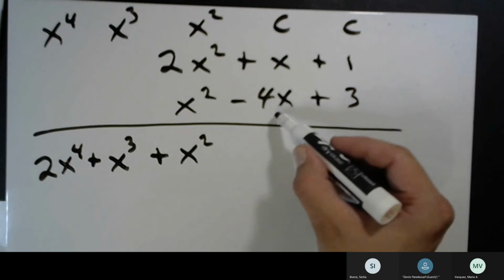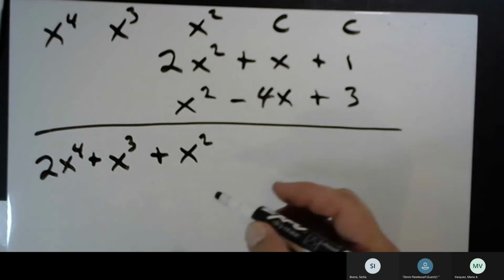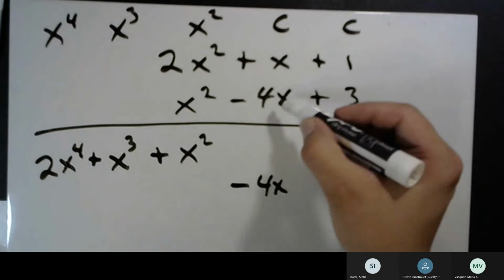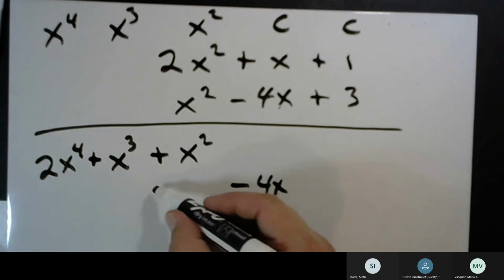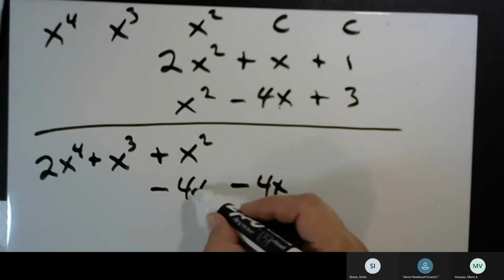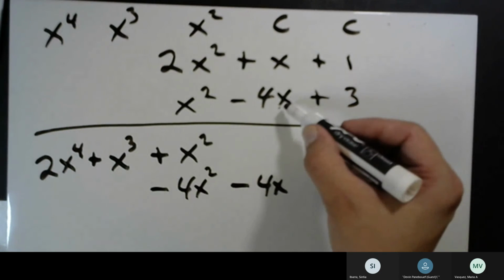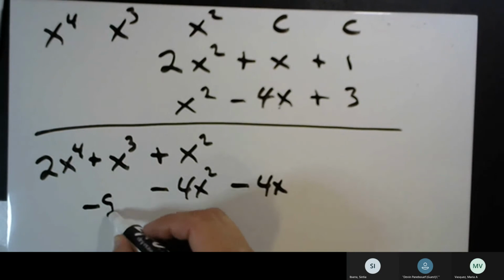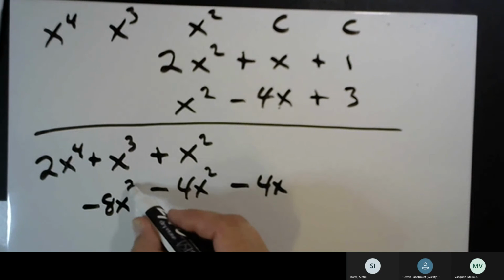So now we go with this one. Minus 4x times 1, minus 4x. Minus 4x times x, minus 4x squared. Minus 4x times 2x squared, that's minus 8x cubed.